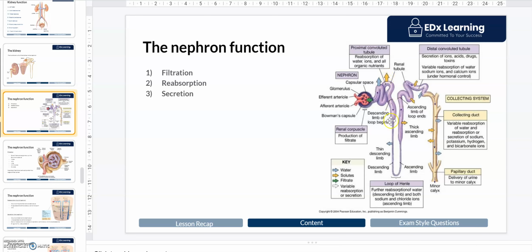We then have reabsorption continuing here. In this structure, do we see the loop arrangement? This is called the loop of Henle. And it's important to note, in the descending limb of the loop of Henle, we have the reabsorption of water. And in the ascending limb, we have the reabsorption of sodium.